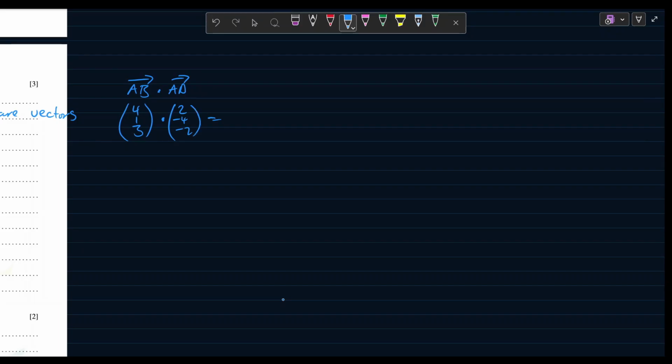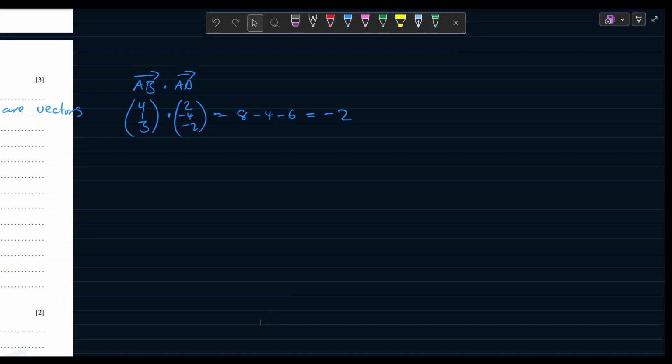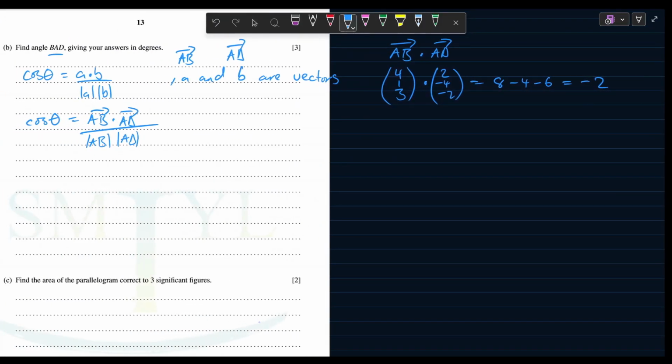So that's 4 times 2, which is 8; 1 times negative 4 is minus 4; 3 times negative 2 is minus 6. And so that's 8 minus 10, which gives us minus 2.